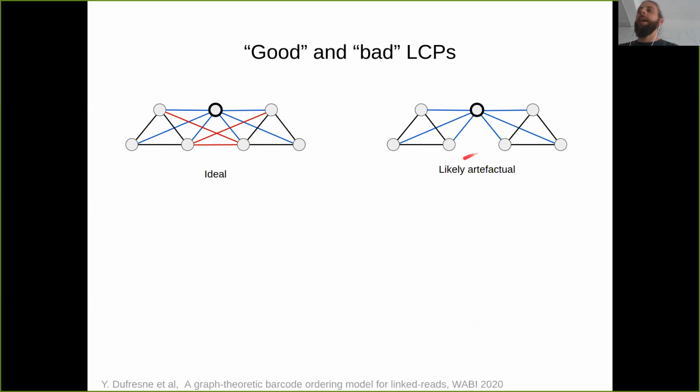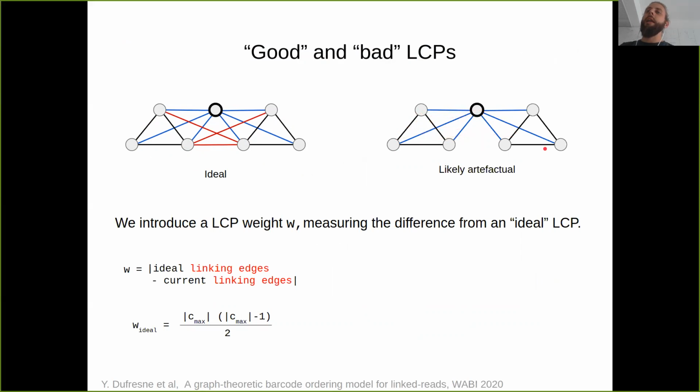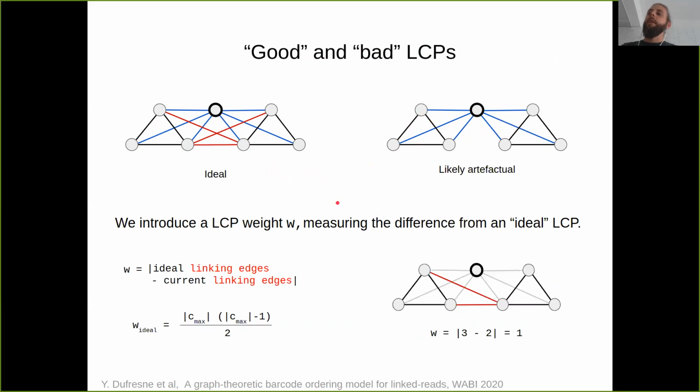This one is likely artifactual because there is no link between the two cliques. We introduce a weight that is how many red edges, so linking edges, we observe regarding how many we are expecting.